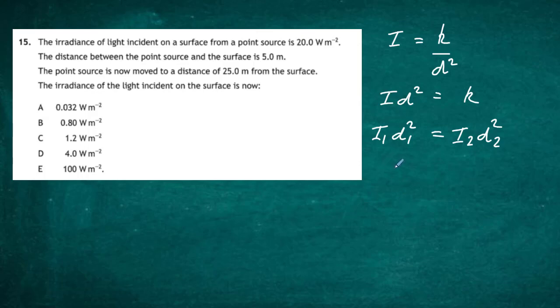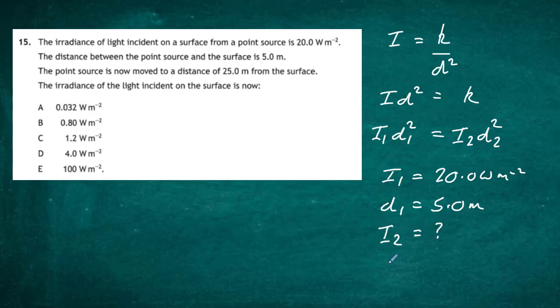So we know that I1 is equal to, in this case, 20 watts per metre squared, and we know that D1 is the first distance away, which is 5.0 metres, and therefore we also know that I2 is what we're after, so put a question mark here, and the distance D2 is equal to 25.0 metres away.